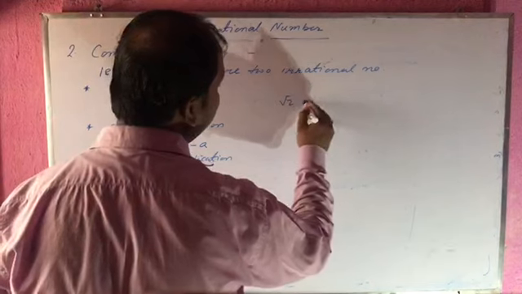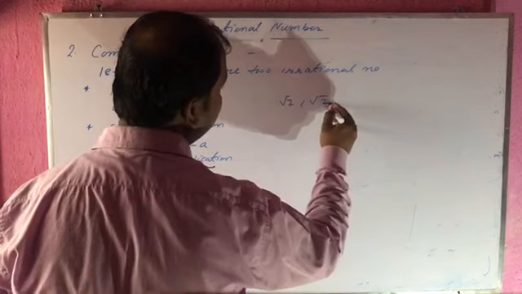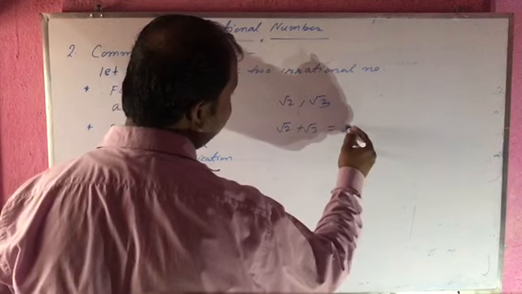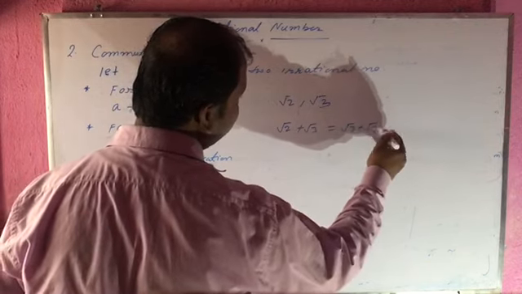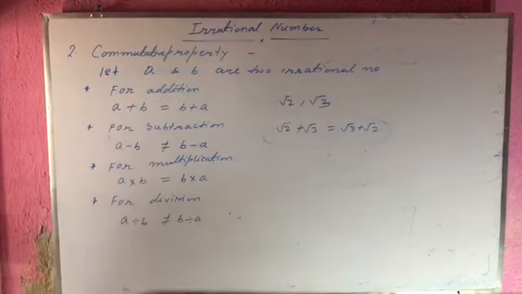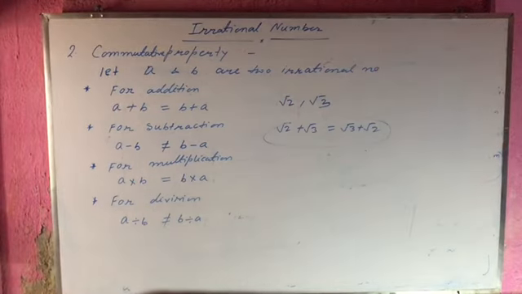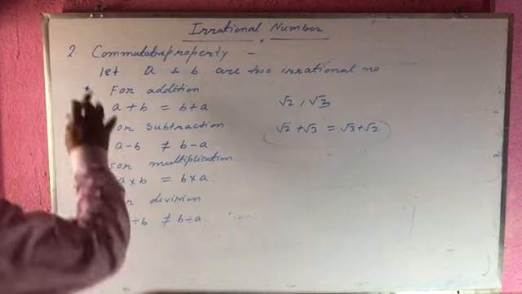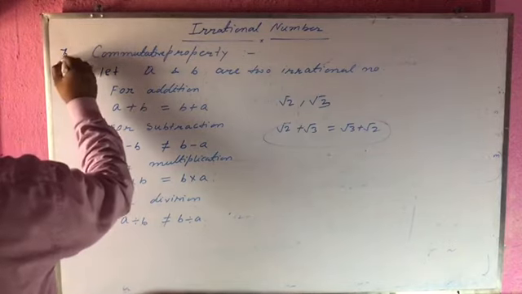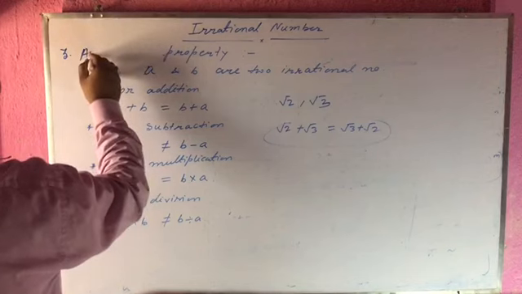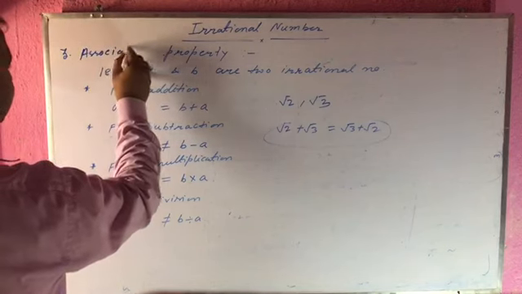Root under 2, root under 3. You will find root 2 plus root 3 must be equal to root 3 plus root 2. Okay. Let's go through another property. Number 3 property is associative.